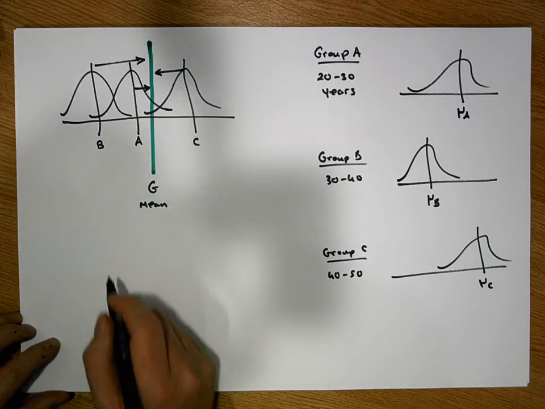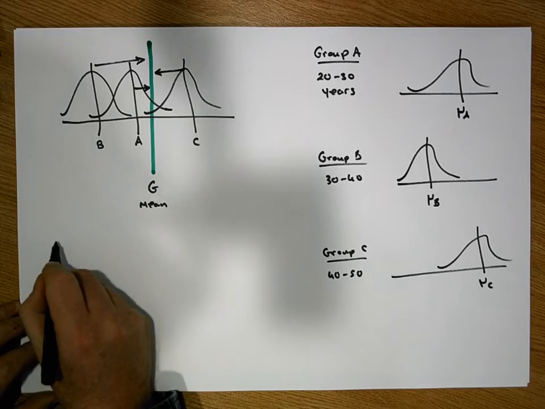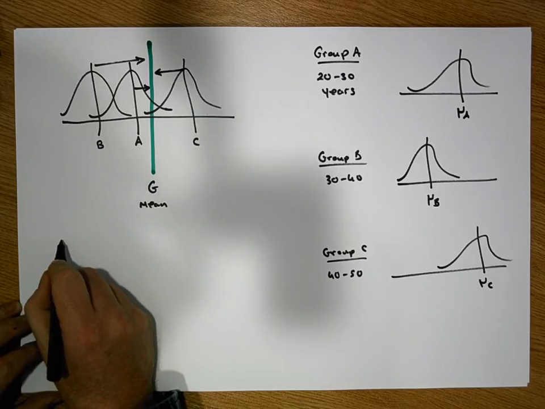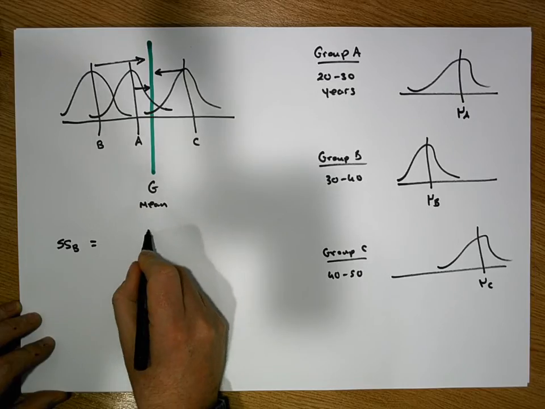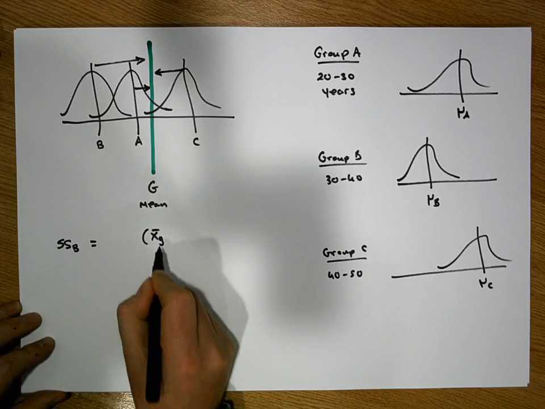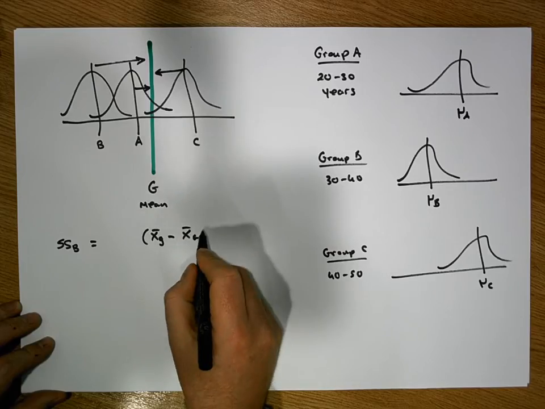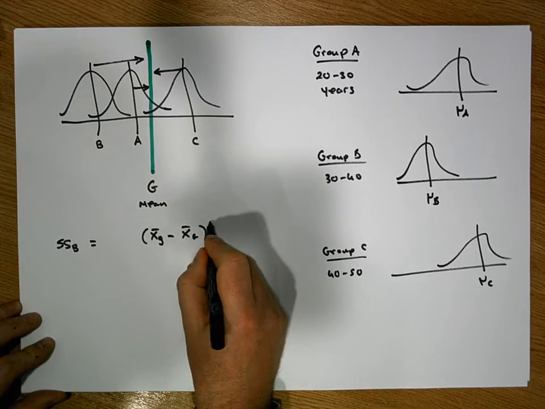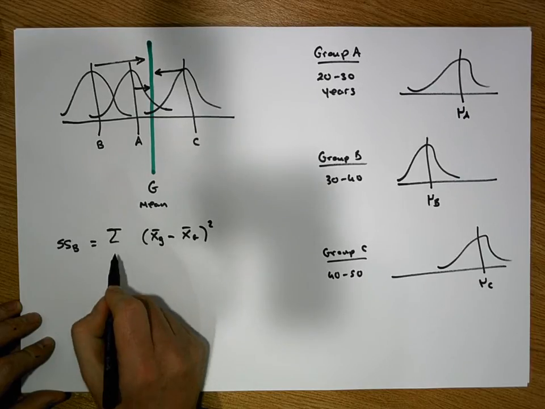The sum of squares between is equal to the distance that each group mean is away from the global mean, x bar of g, squared, and we calculate this for all of the groups.